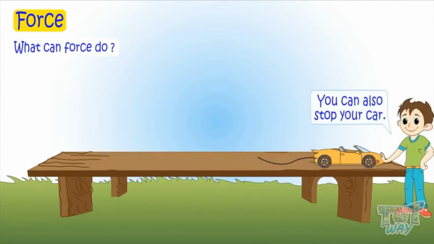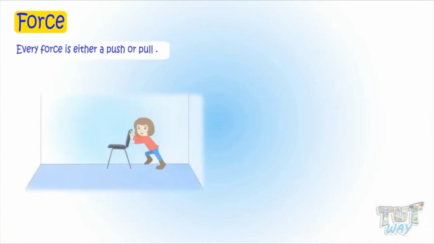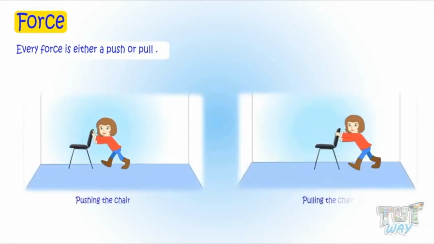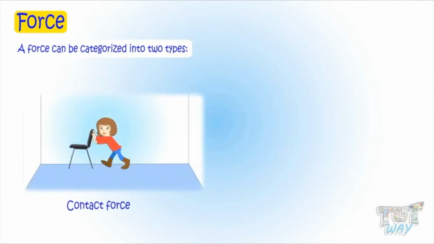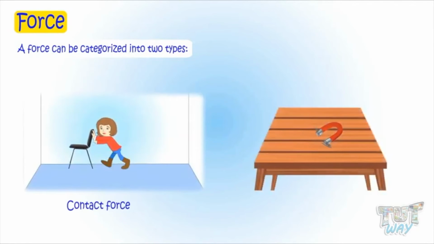You can stop your car. We learn that every force is either a push or pull. But we can also categorize force depending on whether a force is resulting from a contact between two objects, or there is no contact between two objects.